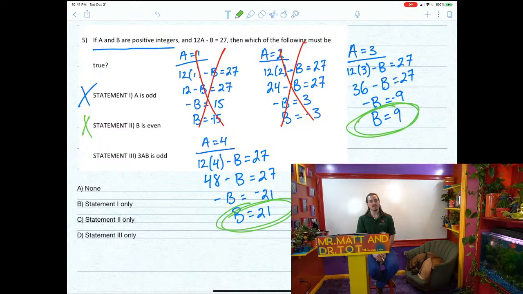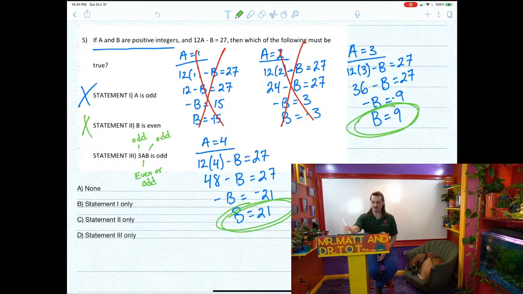If A can be even or odd, then 3 times A times B could be even or odd as well. If A were to be odd, then we would have an odd times an odd times an odd, and that indeed would be an odd answer.